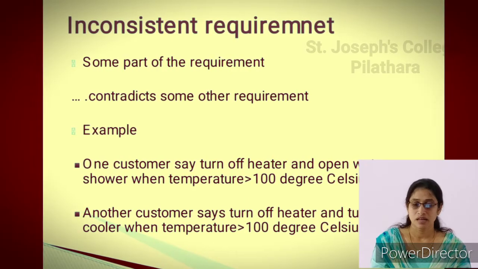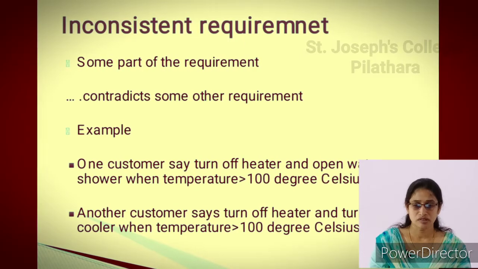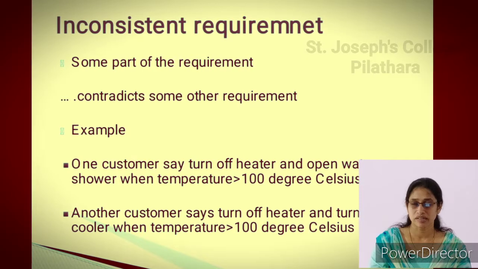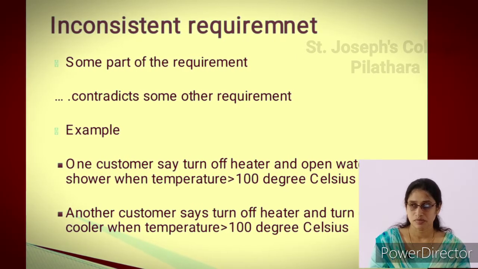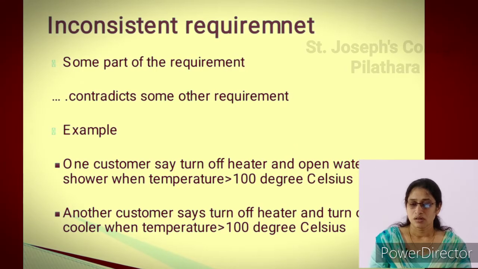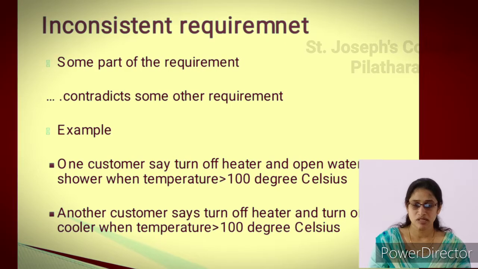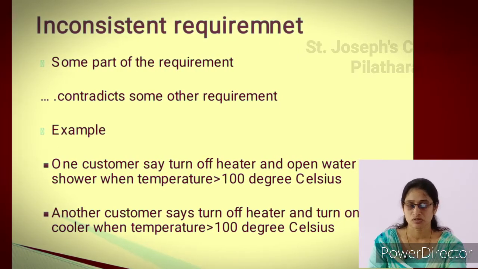But then another customer has given the requirement saying turn off the heater and turn on the cooler, but not the water shower, when the temperature exceeds 100 degrees centigrade. So, when the temperature exceeds 100 degrees centigrade, the action to be taken is contradictory. We need to discuss with the customer which one is the correct one.